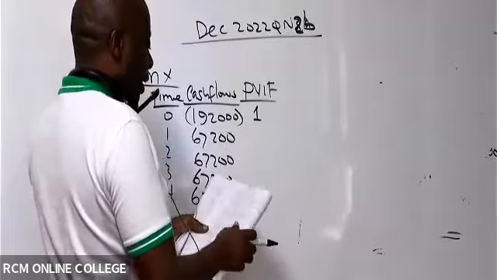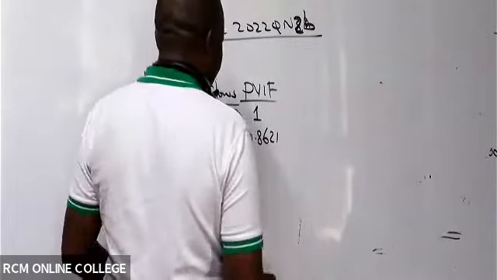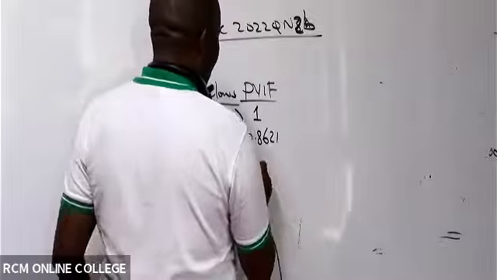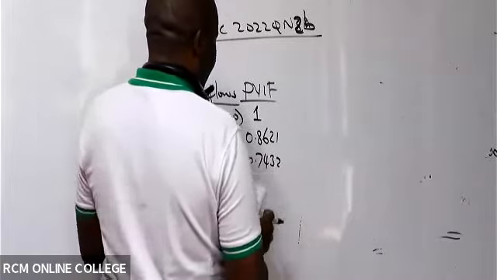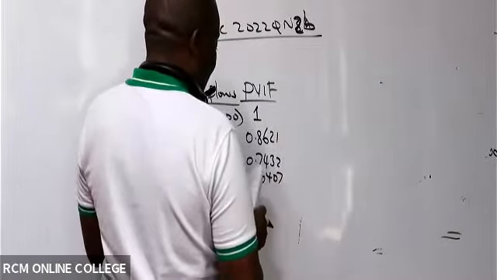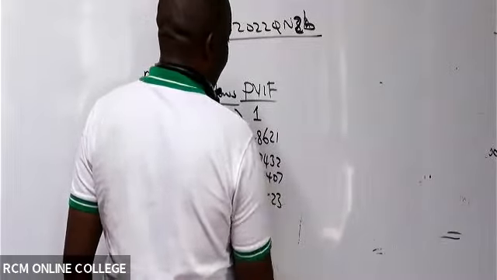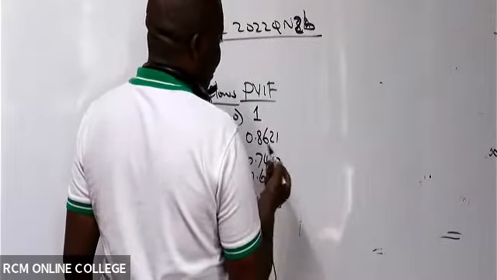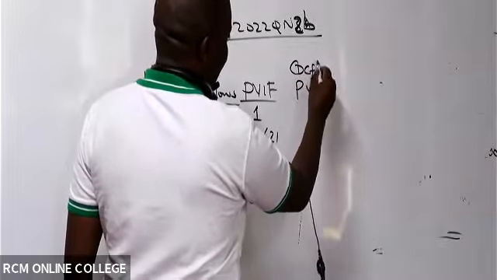The first one is 0.8621. Then we have 0.7432. Then 0.6407. Then, ladies and gentlemen, we have 0.5523.